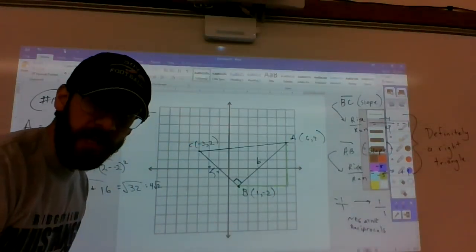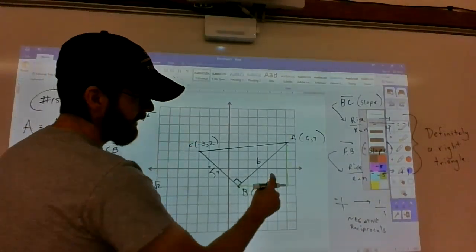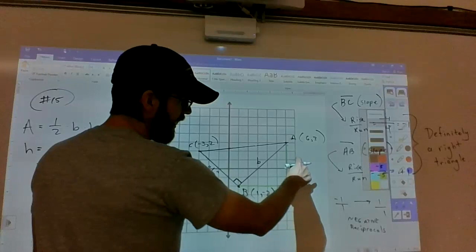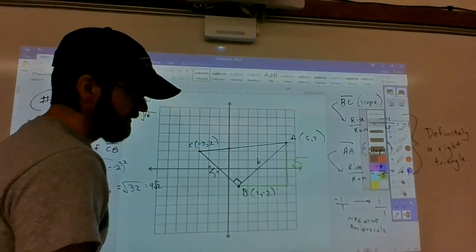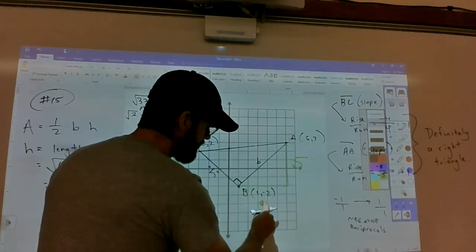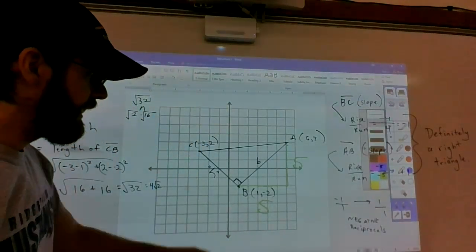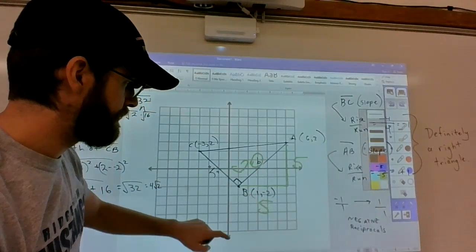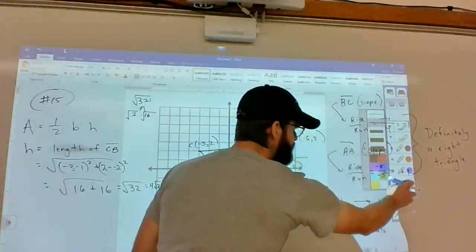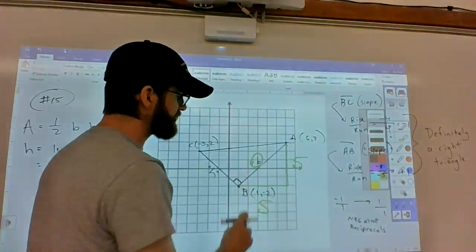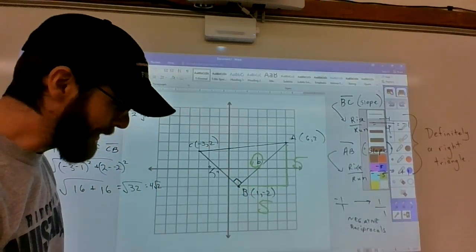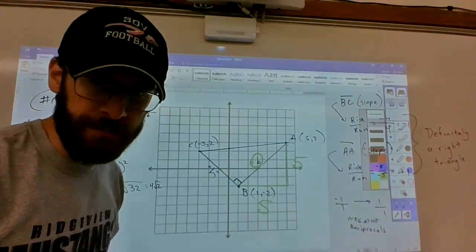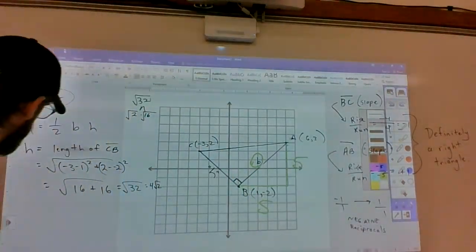You're allowed to do that if you want to. And I could say it's a distance of 5 here and 5 there. So b squared equals 5 squared plus 5 squared. So that's another way to talk about it.